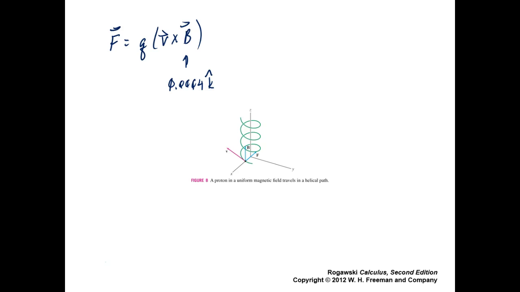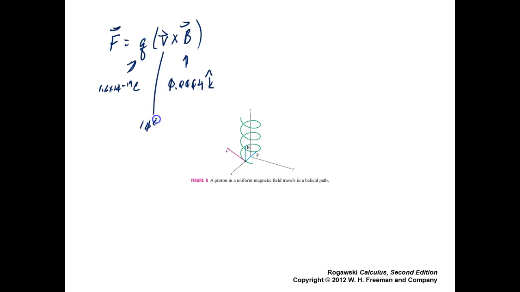Q they've already given us as 1.6 times 10 to the minus 19 coulombs, capital C. And your velocity is a magnitude of 10 to the 6 meters per second.